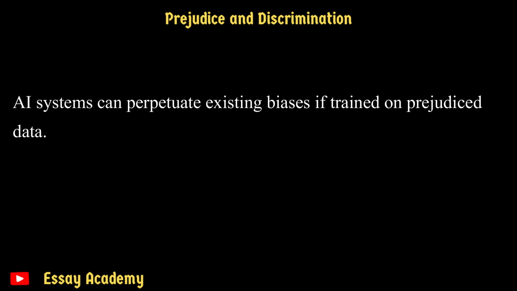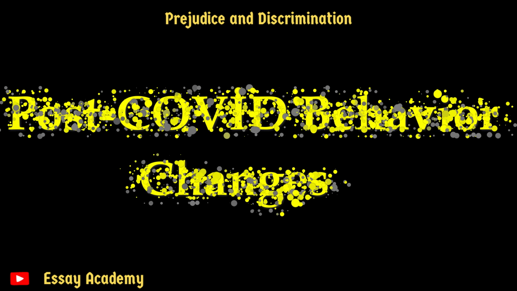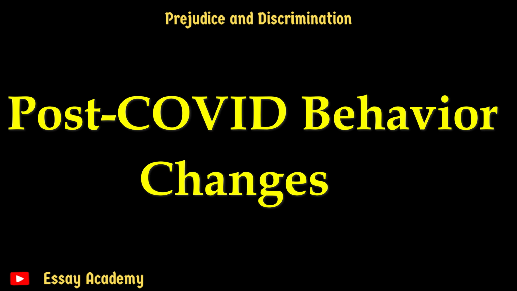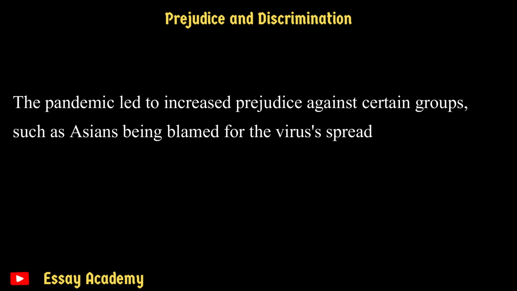AI systems can perpetuate existing biases if trained on prejudiced data. Post-COVID behavior changes. The pandemic led to increased prejudice against certain groups, such as Asians being blamed for the virus's spread.